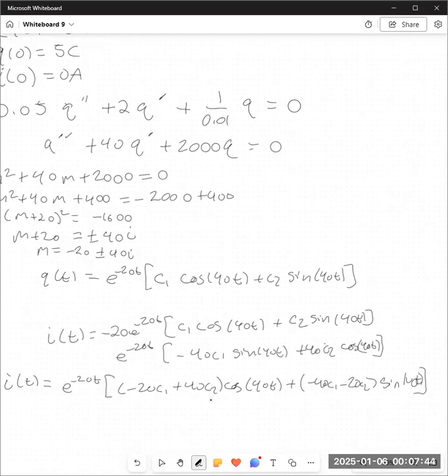Negative 20 plus 40 cosine, negative 40 minus 20 sine. Excellent.